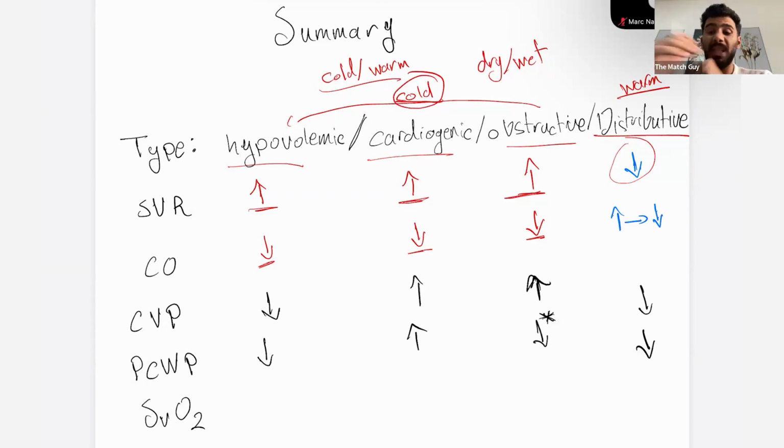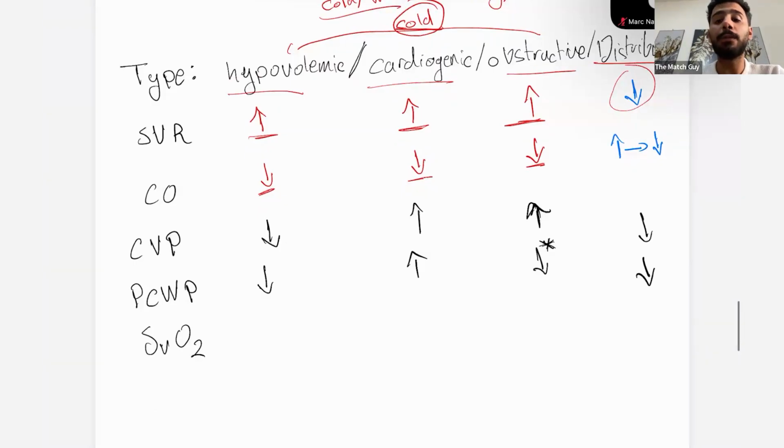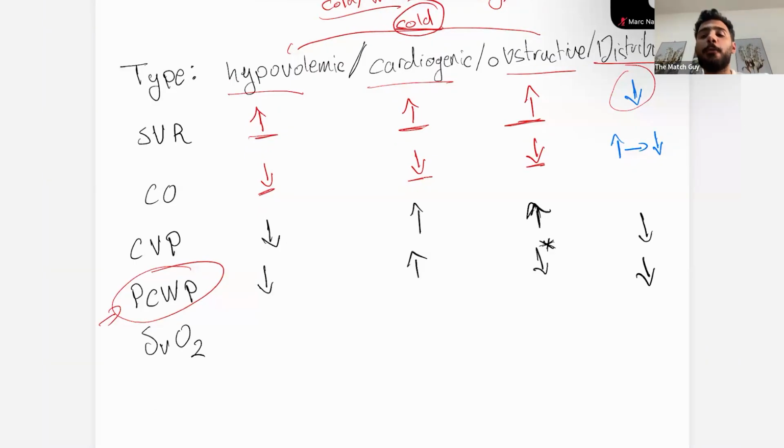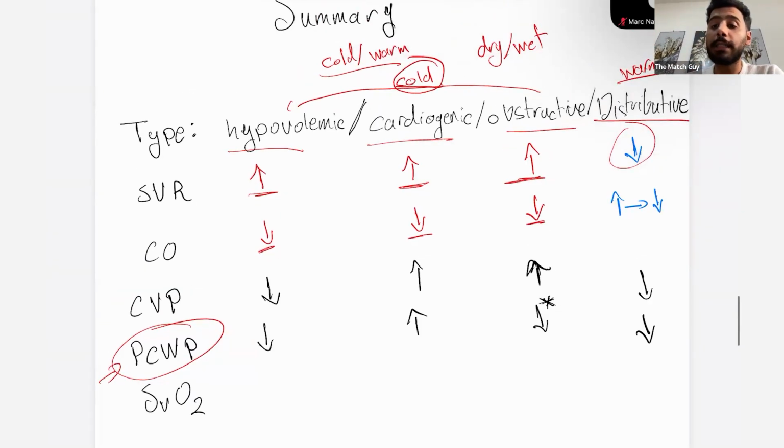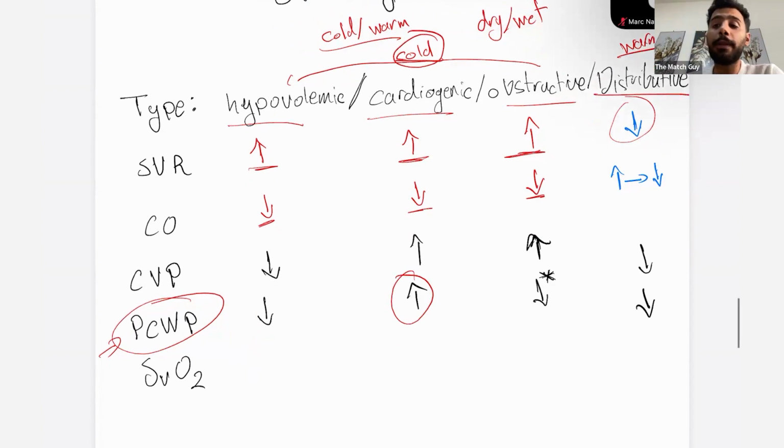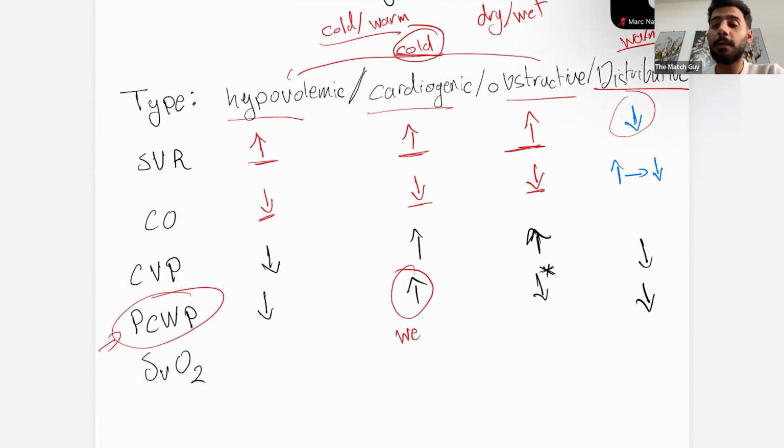Now, dry and wet is mainly going to depend on the PCWP, or the pulmonary capillary wedge pressure, or how much congestion you have in the lungs, and thus whether you are going to have lungs that are filled with blood and fluid seeping into the parenchyma or the tissue, causing a pulmonary edema, or no. So in cardiogenic shock, since that is high, we call this a wet shock.